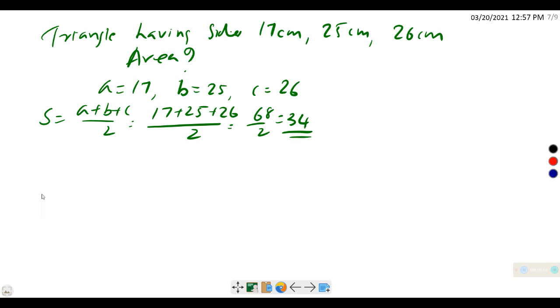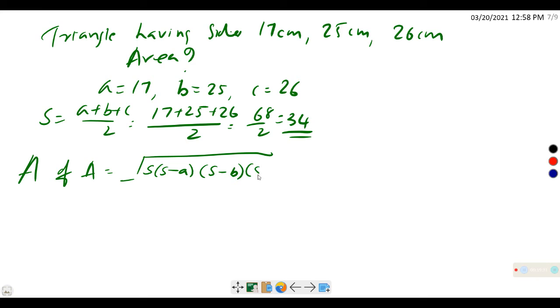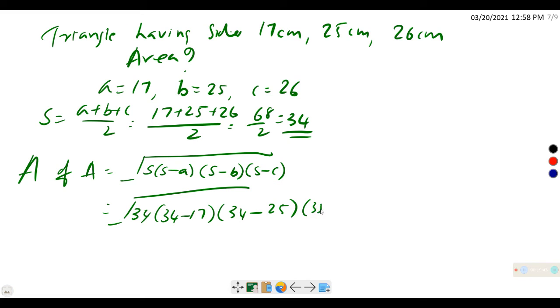We got semi-perimeter. Now we will substitute in the formula for the area of a triangle, and we write it as s is already available for us, s into s minus a into s minus b into s minus c, where we will be writing root of 34 into 34 minus 17 into 34 minus 25 into 34 minus 26.